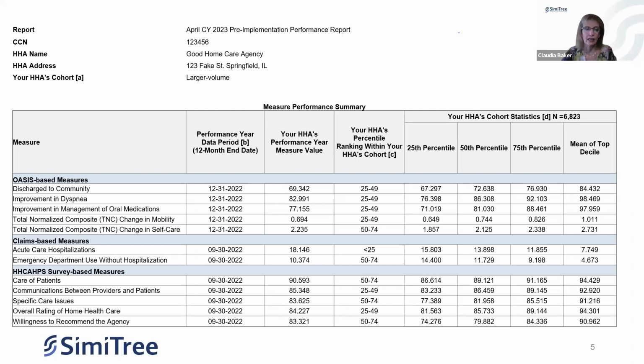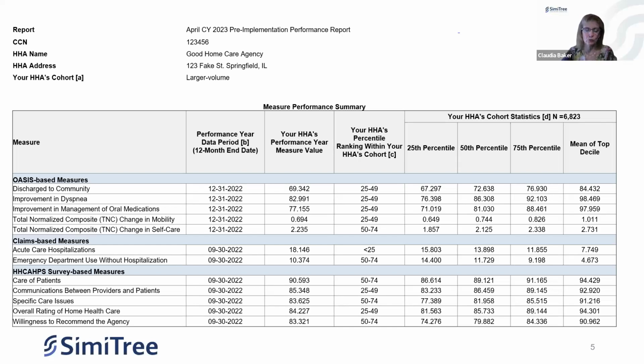And then we have the survey-based measures. These come out of our Home Health CAHPS surveys. They include the overall care of our patients, what we're doing for them and what their perception is of what we're doing for them, and that's very different. Communication between providers and patients: how well are we communicating, not just about their care, but about a number of things as well, and we'll go through that towards the end of the presentation.